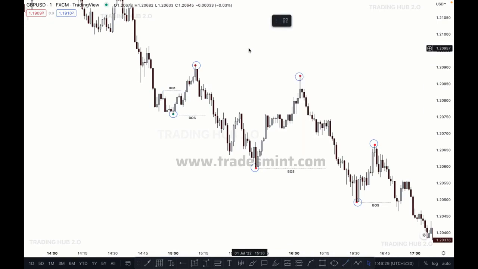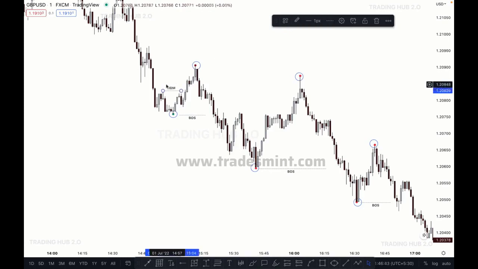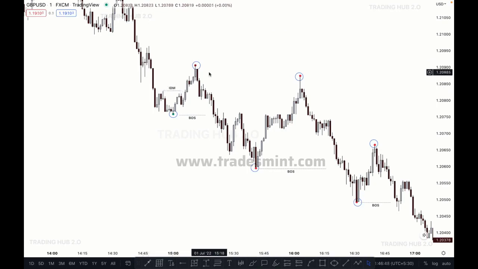Remember one thing to identify inducement: the first most recent high or low acts like inducement, and the extreme high or low acts like engineering liquidity. This is the first recent high. I'm talking about internal structure, not major structure. These are the major structure, and all these major structures above or below are available external liquidity.